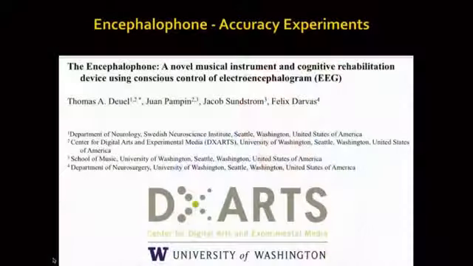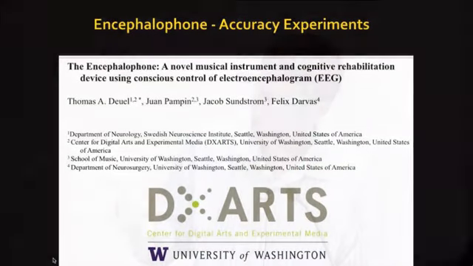So my goals are really in two directions. One is creative and musical, and the other is neuro-rehabilitative, is the way I'd put it. So we took our device and we have run some experiments, which we're on the verge of submitting.